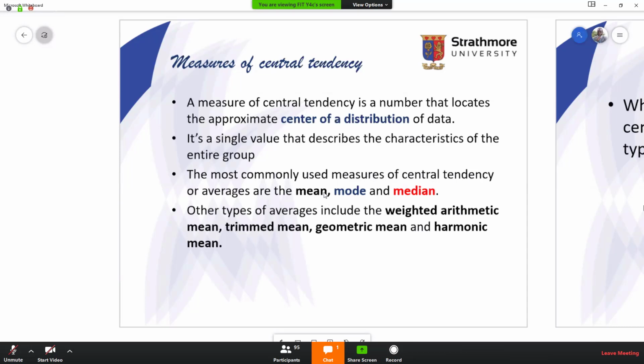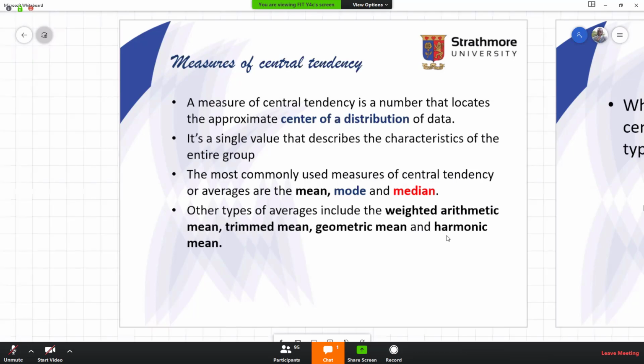The mean is the most famous here, and it has different types: the weighted arithmetic mean, the trimmed mean, the geometric mean, and the harmonic mean, which you can revise. But for every data set, there's usually a way to summarize the data using a single value. That is the theory of measures of central tendency. That's what a mean does.